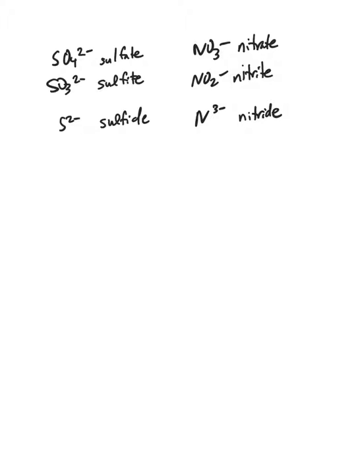Well, when you have just 2 oxo ions of a compound, the one with more oxygens in it is the -ate. The one with the lesser number of oxygens is the -ite. So SO4 2 minus has the extra oxygen compared to SO3 2 minus, so it's the sulfate versus sulfite. Likewise for nitrate and nitrite, nitrate has that extra oxygen in it.